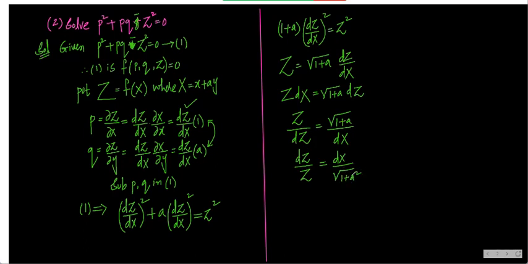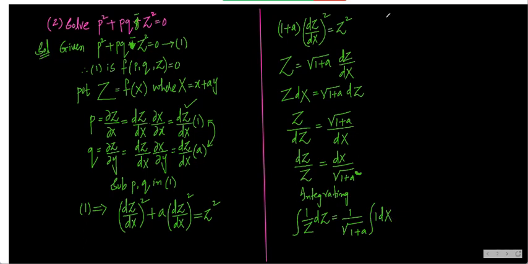Then simply integrating on both sides. Integration of 1 by z dz is equal to 1 by root of, it is not a square, it is a only, root of 1 plus a outside, integration of 1 dx.